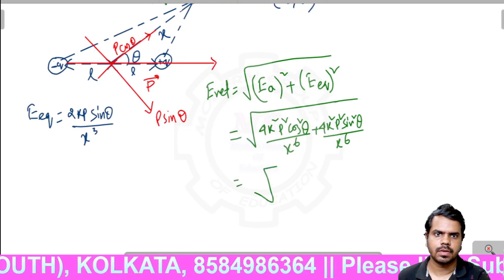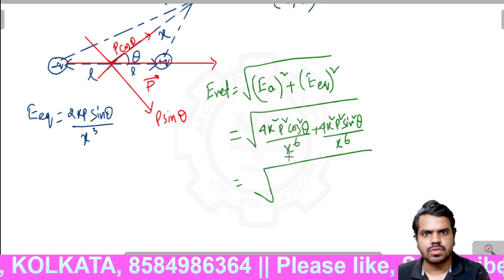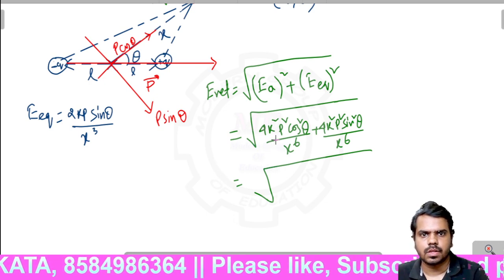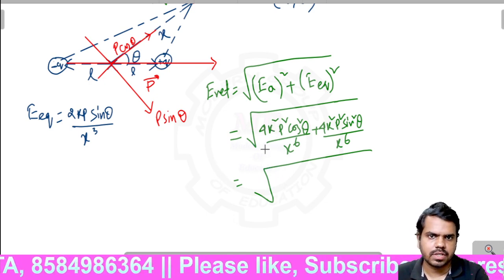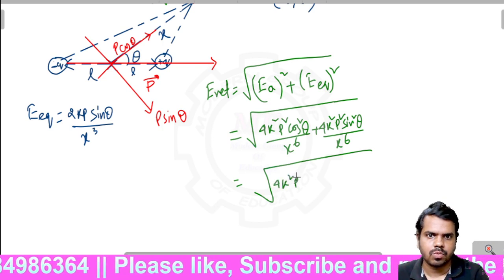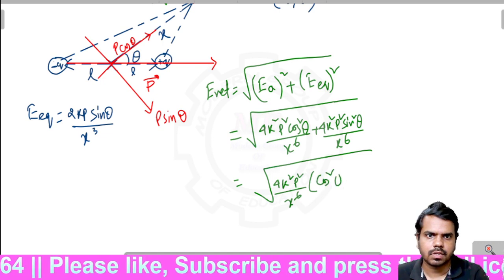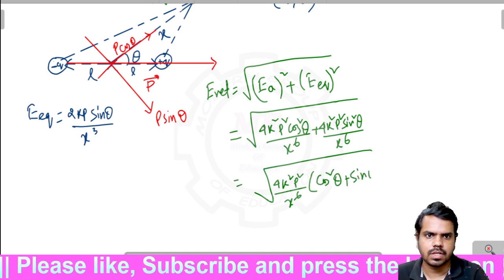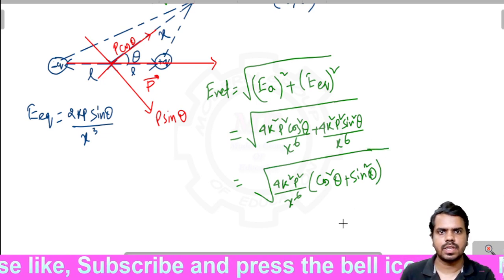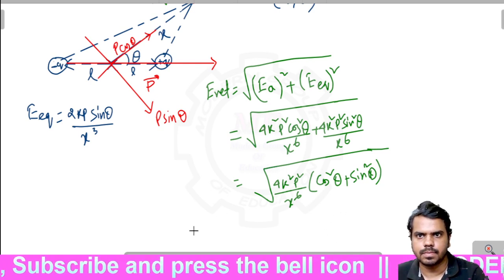If we take the common, then 4k square p square by x to the power 6 will be common, and there will be cos square theta plus sin square theta.